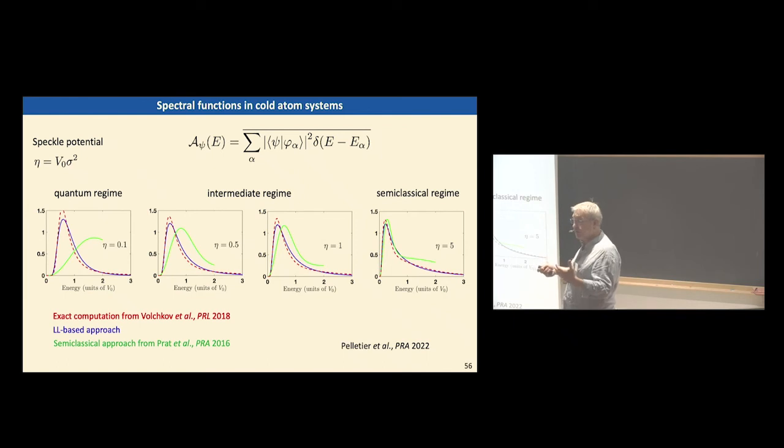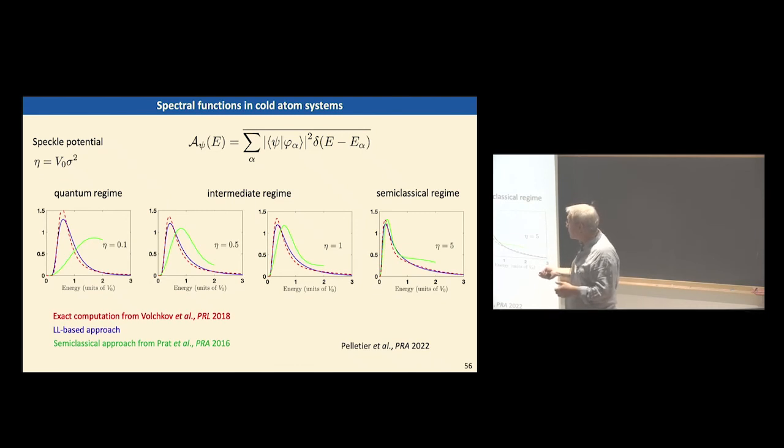For the computation of many quantities, you have to know the distribution in energy of a plane wave of momentum close to 0. So this is the spectral function. It's the distribution of energy of a state.